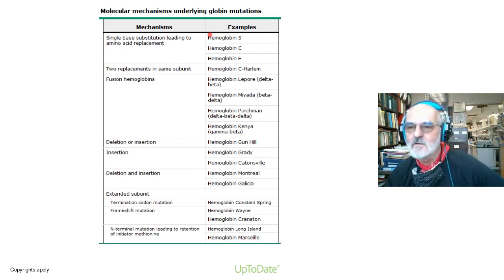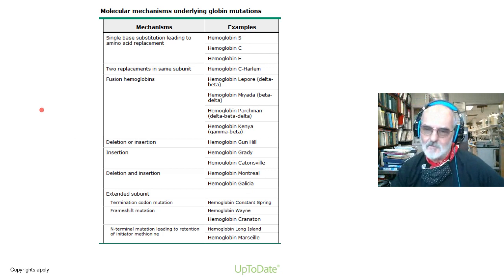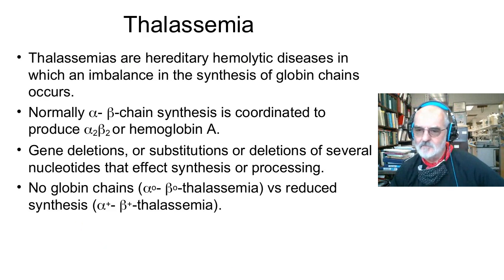So there are single-site mutations. There are some examples of 2-site mutations. There are some weird examples of fusion mutations, clearly deletions or insertion mutations, okay? There are all kinds of genetic features that exist in that 1,000 mutation examples that I mentioned from this website, okay?